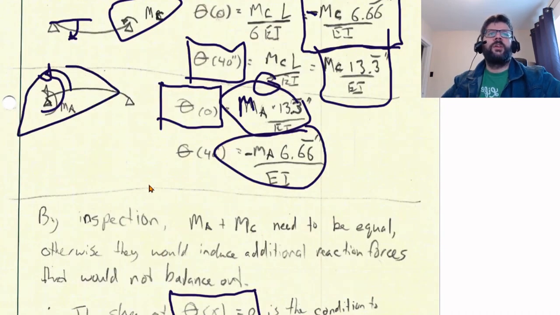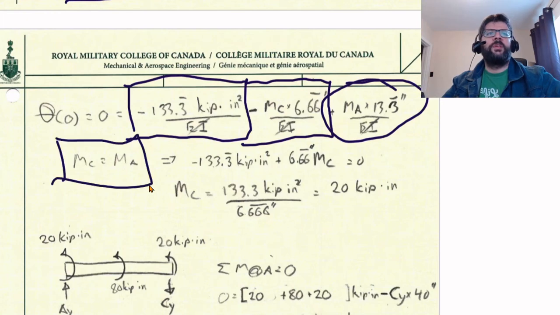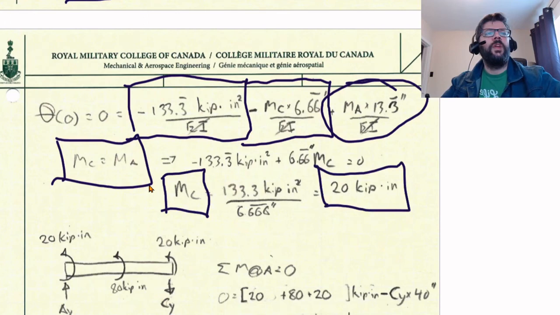And then just again, MC equals MA allows us to solve for MC as 20 kip inches. So obviously MA needs to be 20 kip inches too.